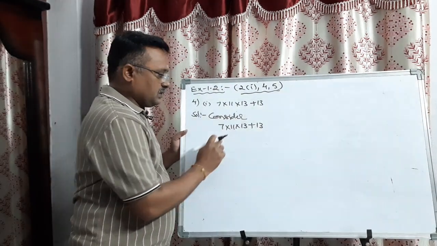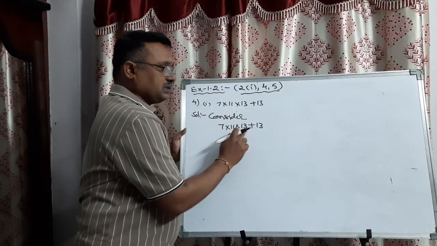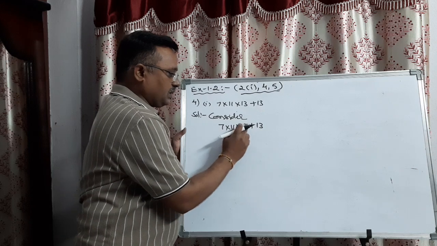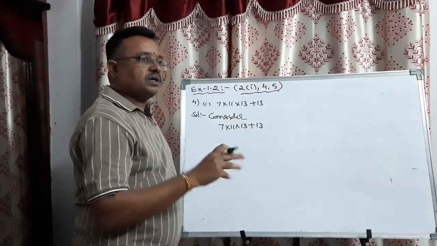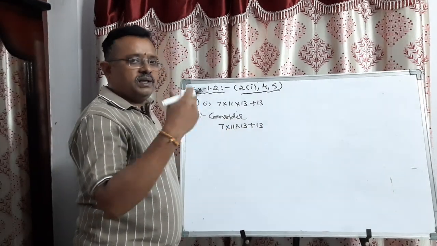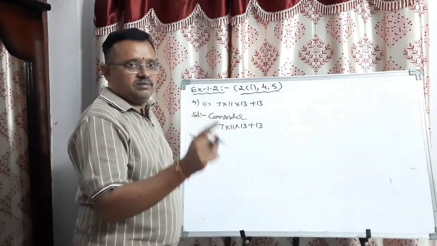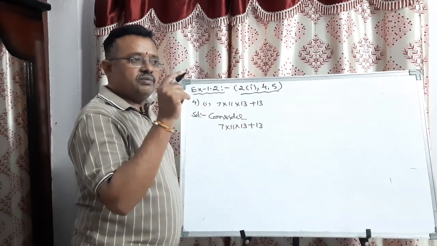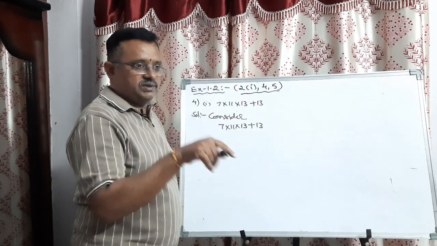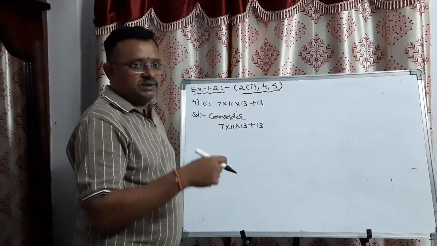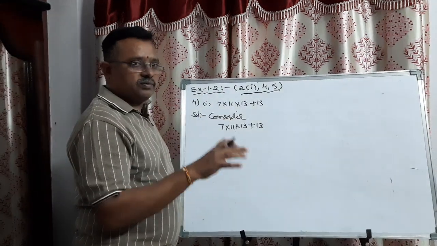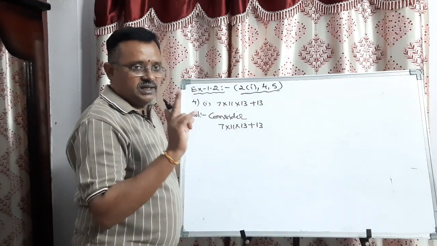If you observe, 7 into 11 into 13 is a product of some numbers. A product of so many terms will become a monomial. Multiplication and division of any number of terms will be treated as a single term.